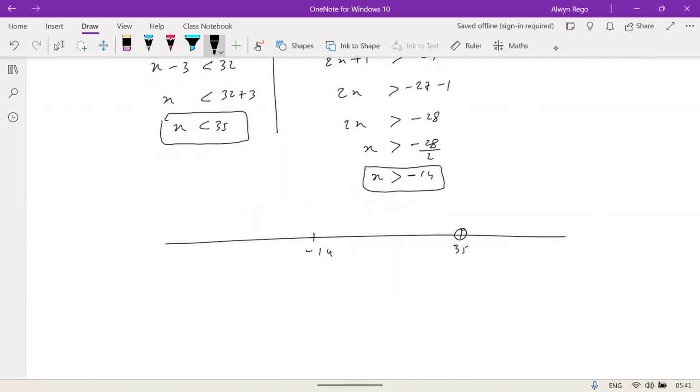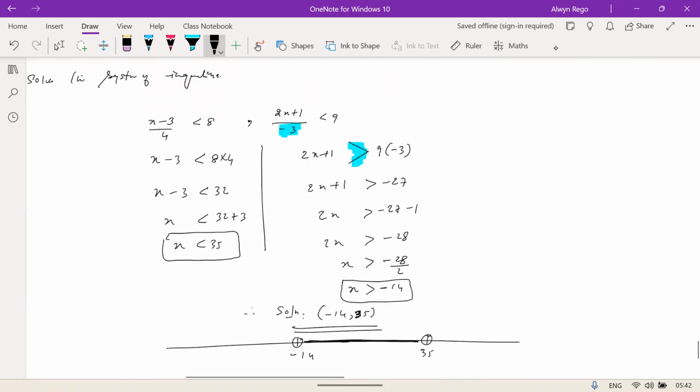So the values of x that I can look for are between negative 14 and 35. Therefore, the solutions are found in negative 14 to 35. This is where you will obey both the conditions, or the entire system.